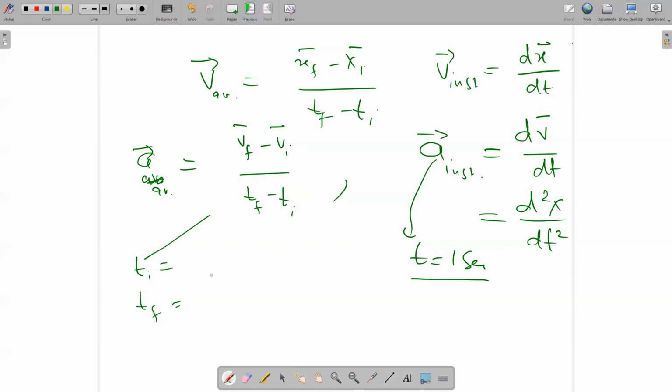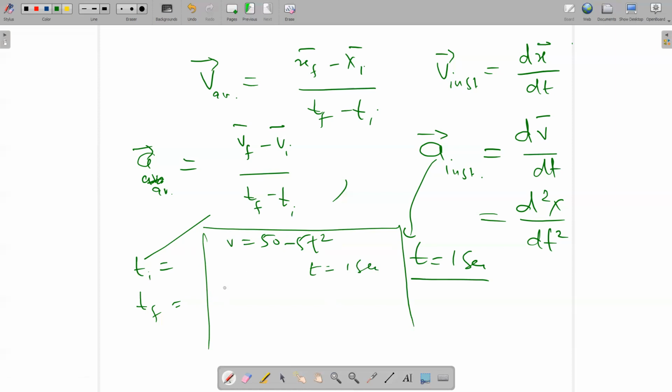Okay, let's see. Suppose we have this equation, v is equal to 50 minus 5t square. You want to find the acceleration at t is equal to 1 second. So this acceleration will be instantaneous.